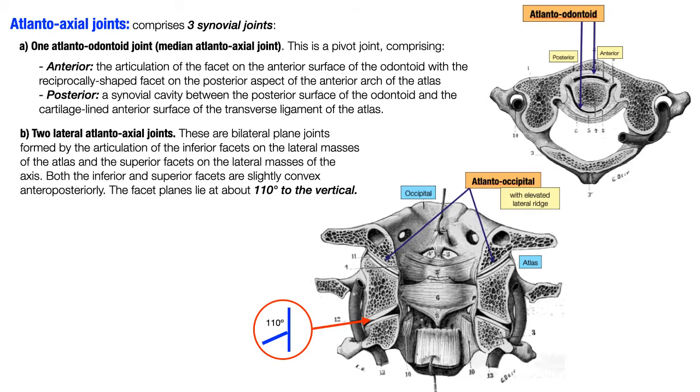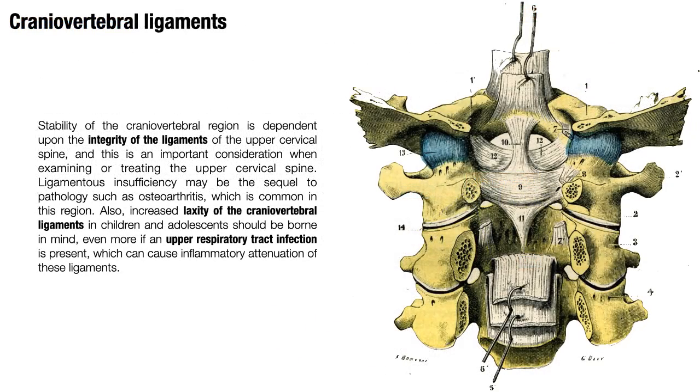So the articular surfaces have an angle which is opposite to the one between the atlas and the occipital bone, which is above.